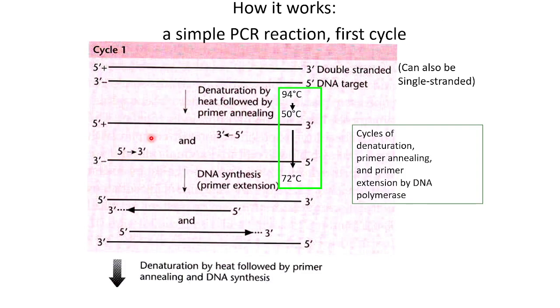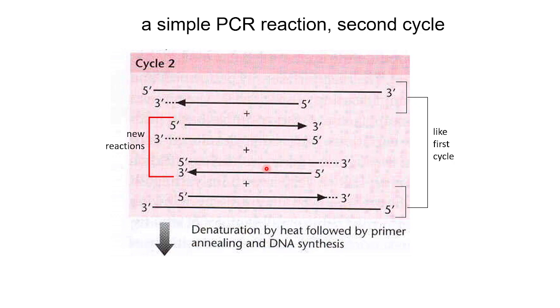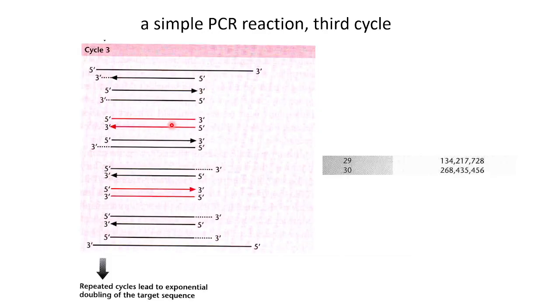Now in the first case you had one, and then you get two, and these two undergo the second cycle, then a third cycle, and you get so many copies. Usually we allow it to go for 30 cycles. First the denaturation, then your annealing and your extension. So this step is done 30 times.